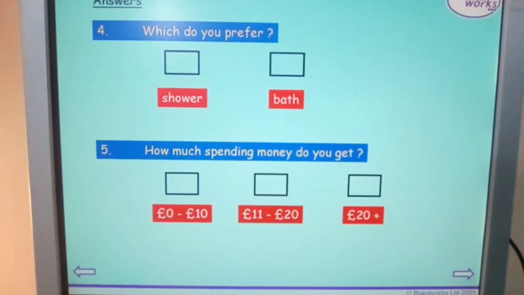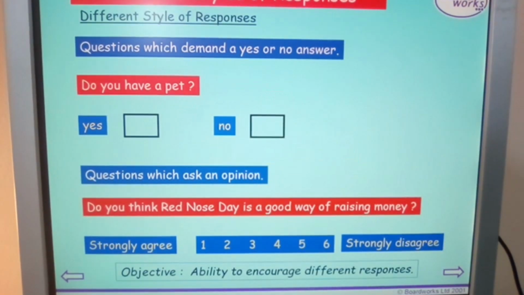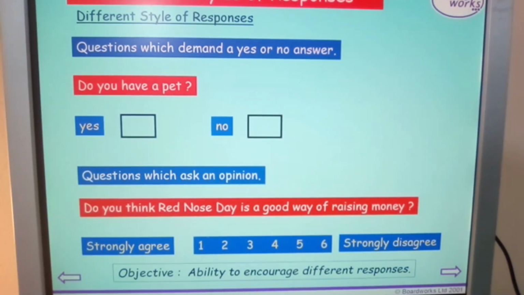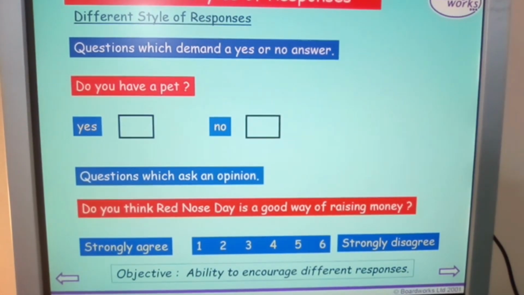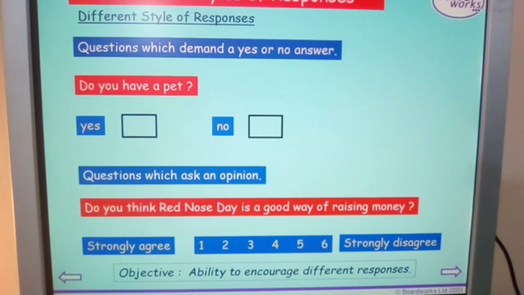And here you have the other part of the question. Now, questions which demand a yes or no answer. Do you have a pet, etc.? Questions which ask an opinion.